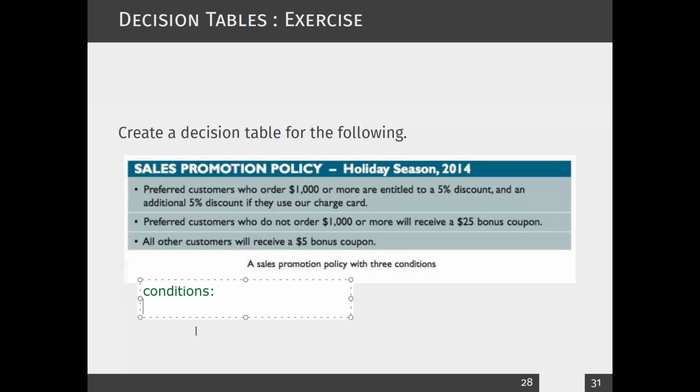Now, when we have this, we can say one of the conditions is we have to check whether it's a preferred customer or not. So the first condition is whether the customer is a preferred customer. Second, how much they have ordered, whether they have ordered $1,000 or more.